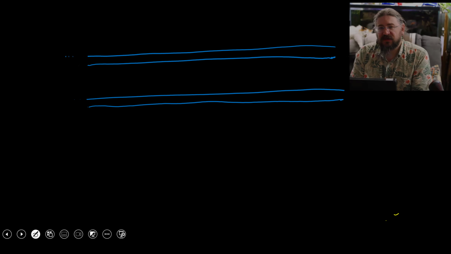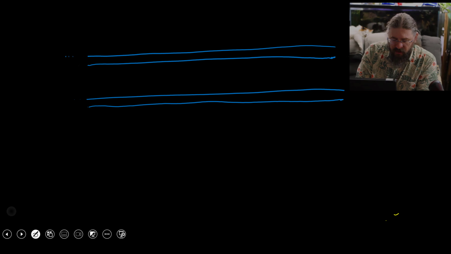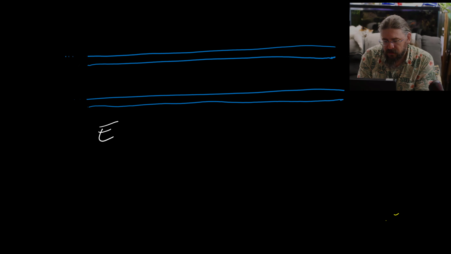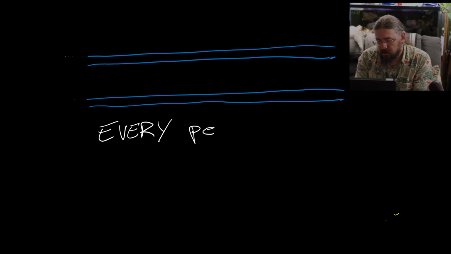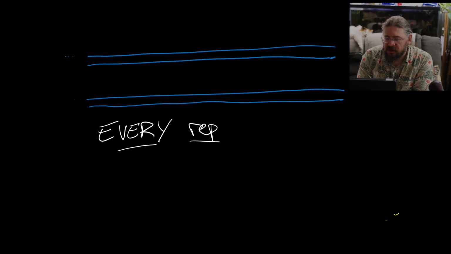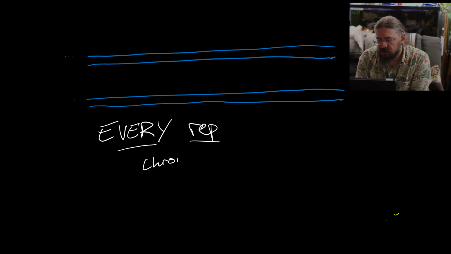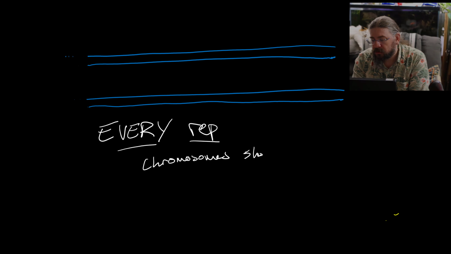What this means is that with every replication, chromosomes shorten by 5 to 10 base pairs.